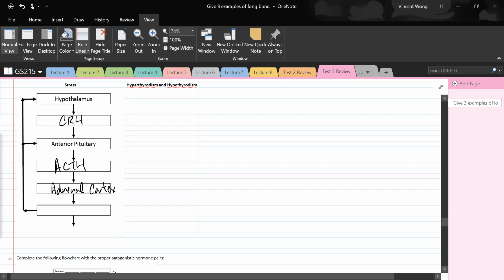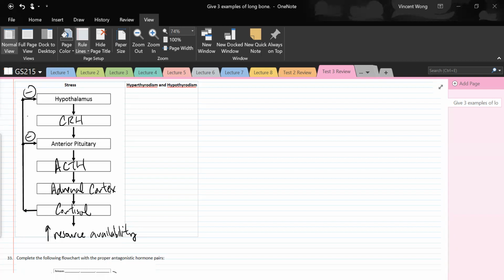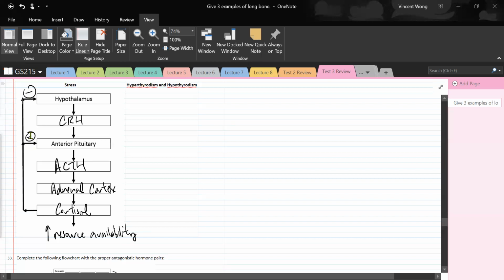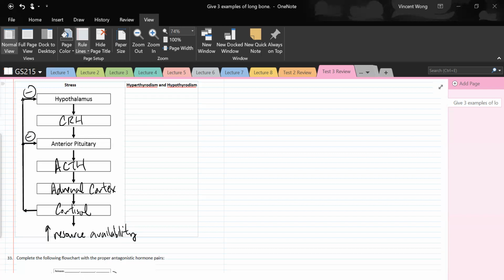Immediate stress is from the adrenal medulla. It's going to cause you to release the cortisol, which will increase resource availability. Normally it's going to go back for negative feedback, but if you are chronically stressed, then your nervous system will override these negative feedbacks, and then it will cause your cortisol level to go very, very high.